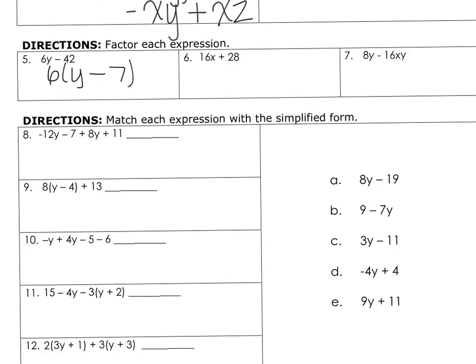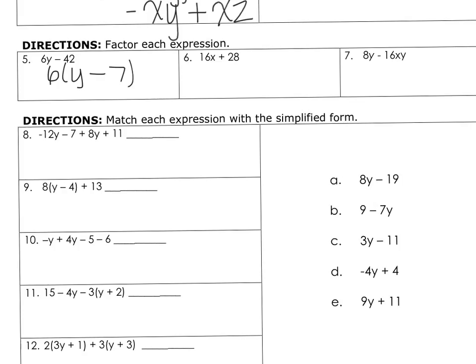In a testing situation, if you have enough time, you might want to do that. Number 6, 16x plus 28. Well, I know those are both even numbers, so you could divide out a 2, but that's not big enough.